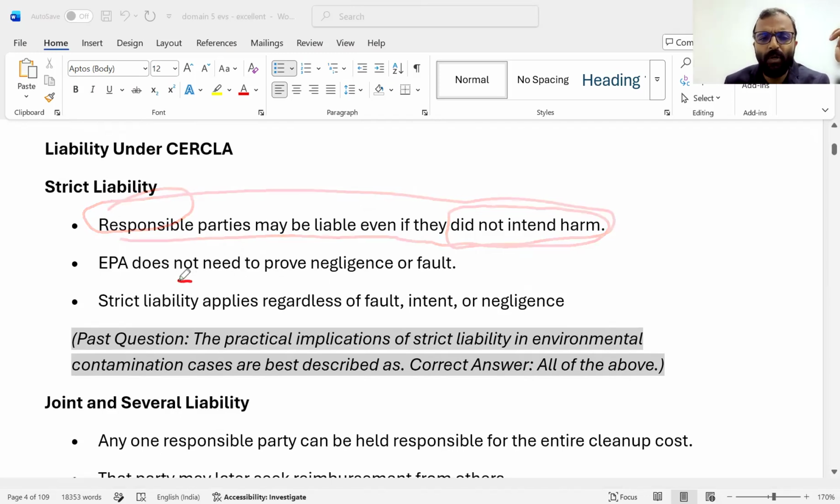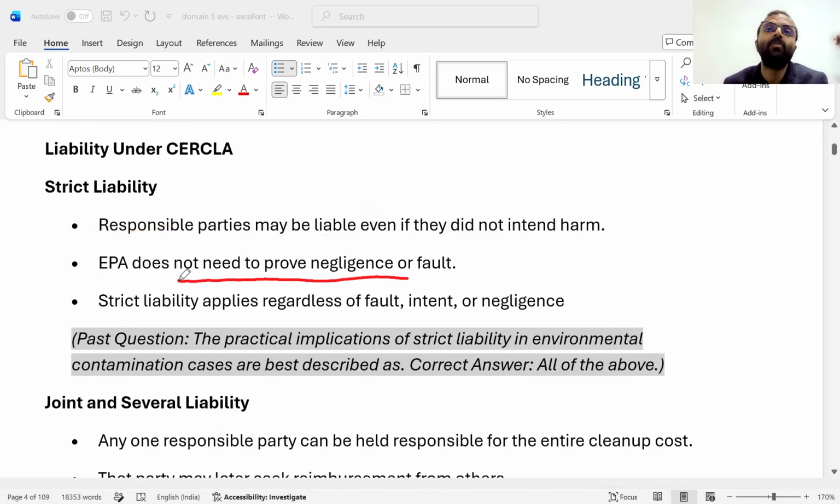If EPA, under CERCLA, says you have done it, then you have to clean it. That is strict liability.